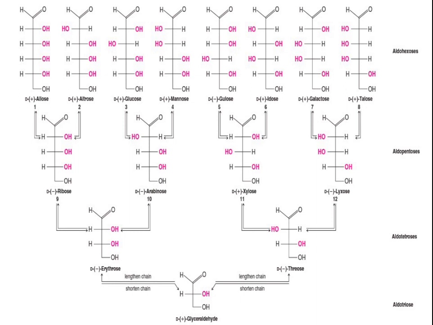If you take any one of aldohexose, you will get the corresponding aldopentose after one Ruff degradation. After another Ruff degradation, you will get the corresponding aldotetrose, and then after another Ruff degradation, you will get the aldotriose, which is the glyceraldehyde.